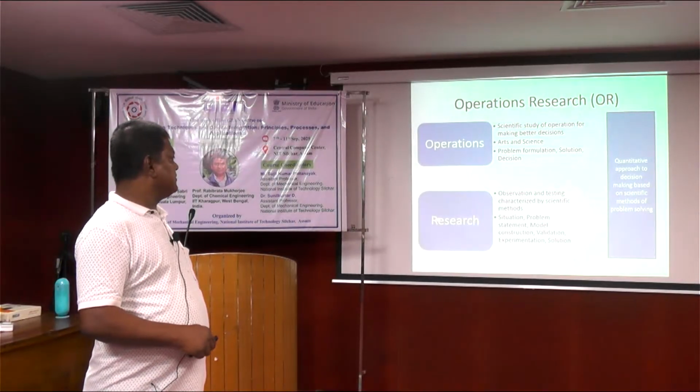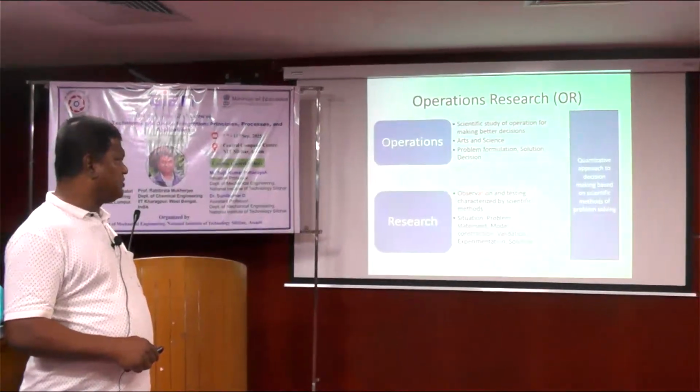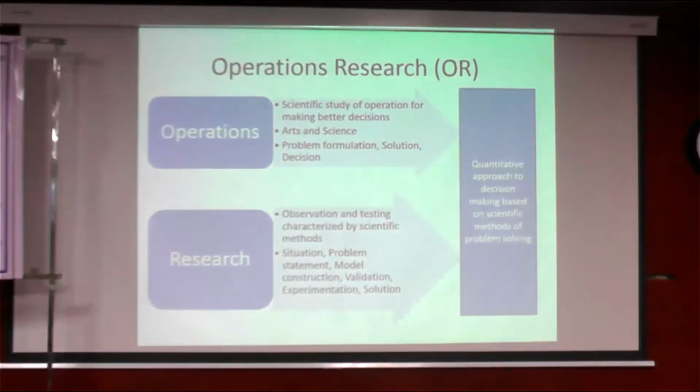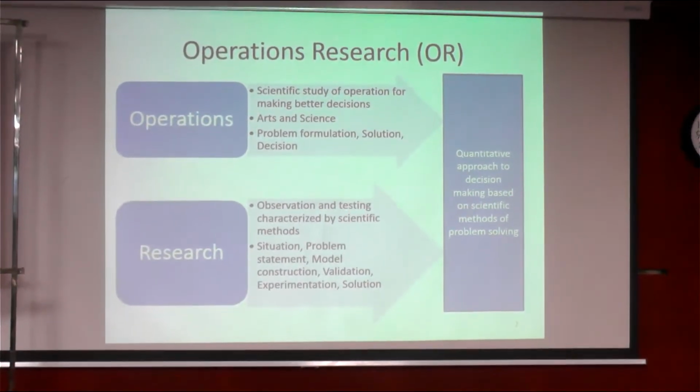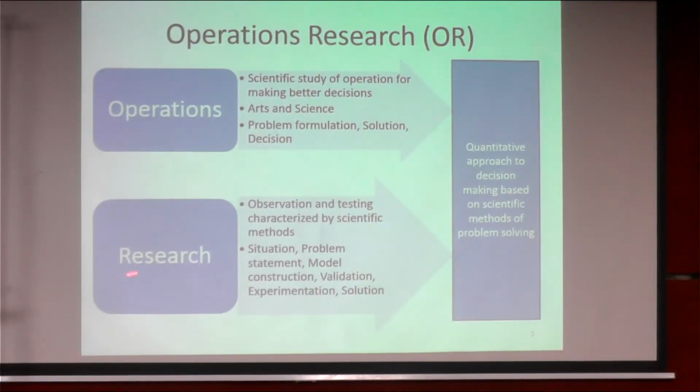Research means mostly the observations and testings characterized by scientific methods. And what can be the research? It is based on different situations that arise in industry, or different tasks faced by industry.